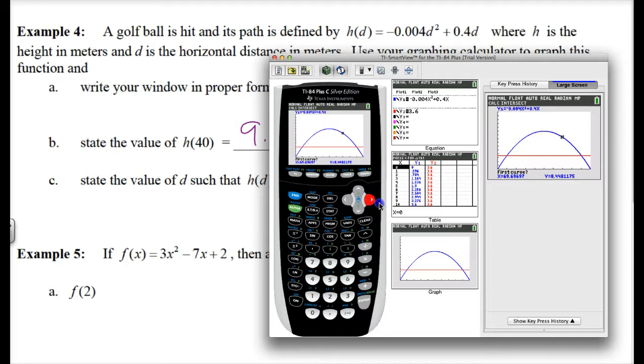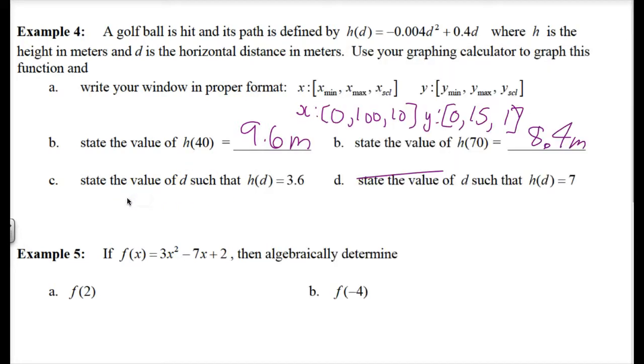It takes a lot of work. What do we say the first value was? 10. And the second time it reaches, it's 90. So D equals 10, or D is equal to 90.